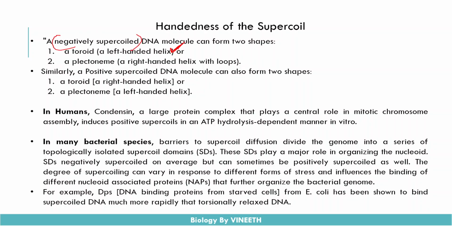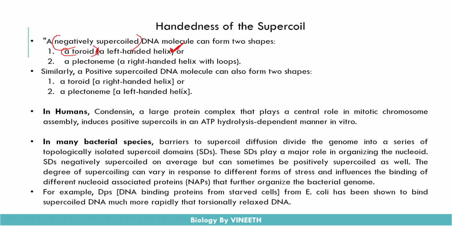This left-handed DNA will be in the toroid form, like the round form we have seen in the solenoid model. So this left-handed DNA, whenever it undergoes negative supercoiling, will form the toroidal supercoiled DNA.